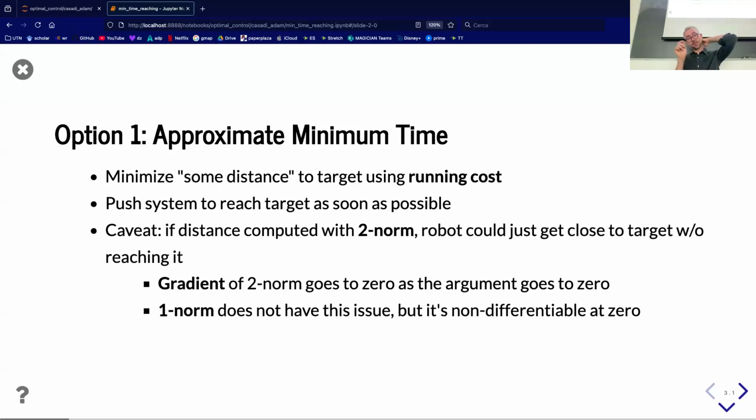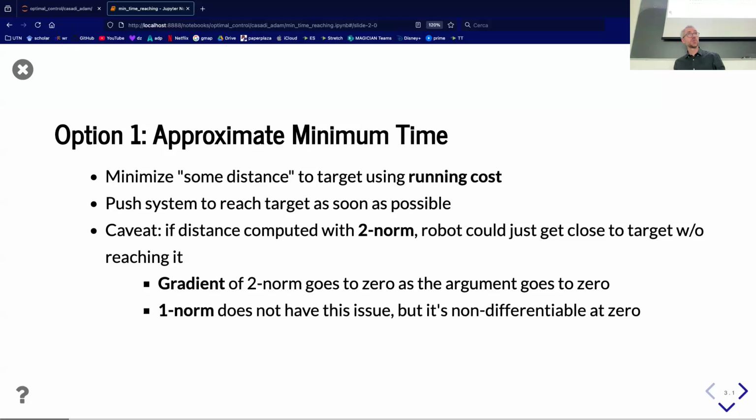And there are a few potential issues doing that. One issue is how you define the distance to the target. The typical approach would be to use the L2 norm, like the square of the distance.